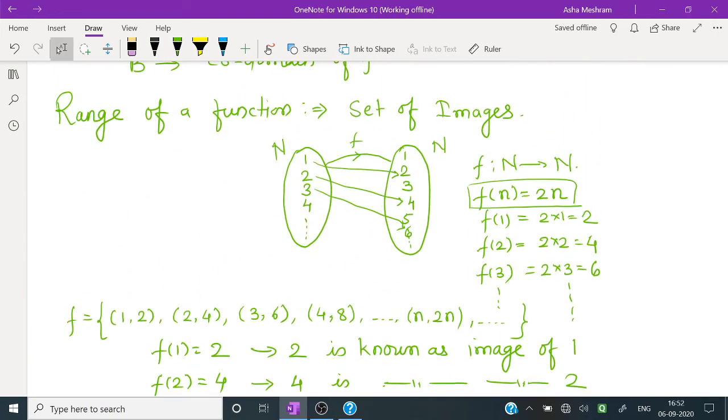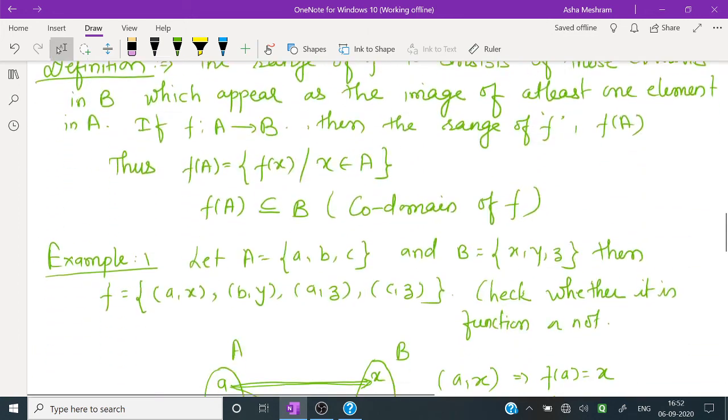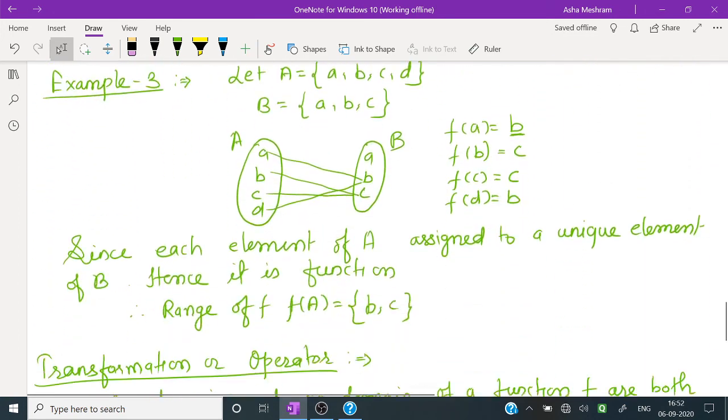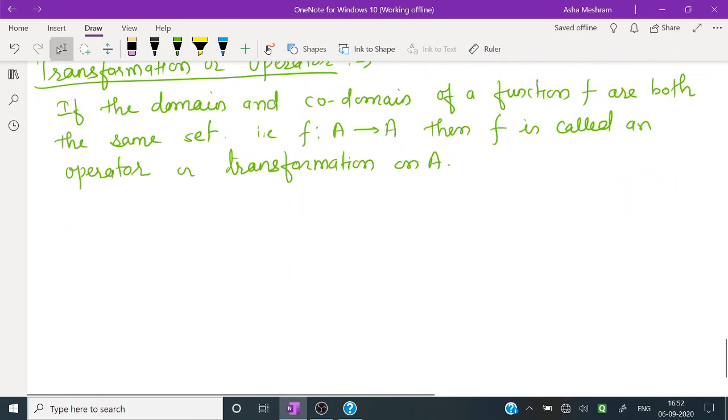This type of function we can say is an operator. You can take this example for this definition.